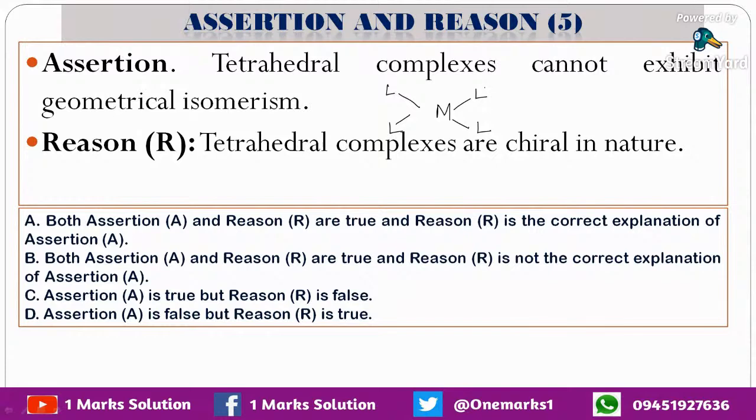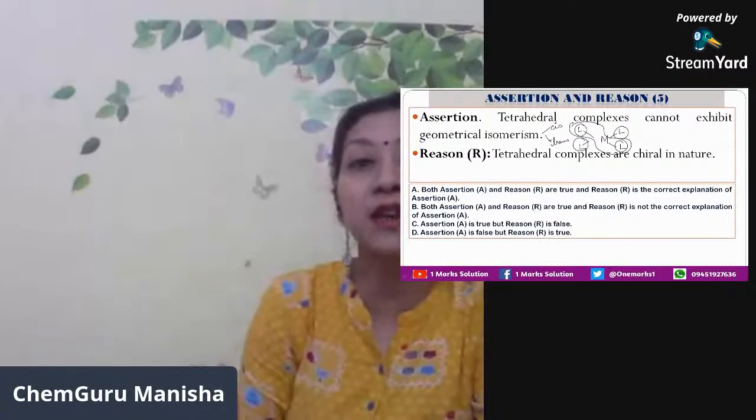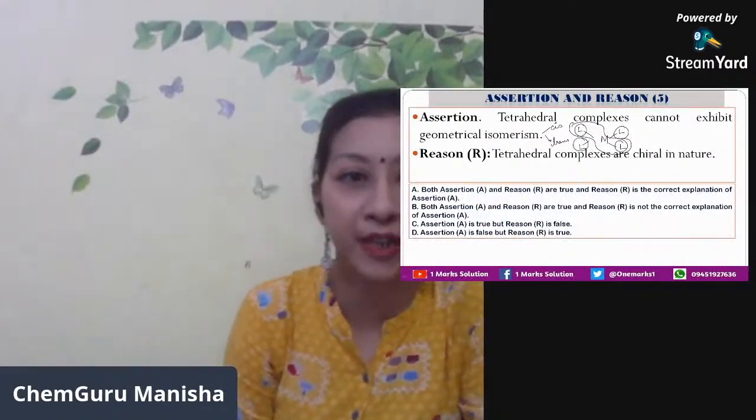Now, geometrical isomerism types are either cis or trans. If two similar ligands are on the same side, they are cis, and if they are on opposite sides, like I'm showing right now, then it is trans in nature. So it cannot exhibit geometrical isomerism because if you take the mirror images, then you don't get that much variation.